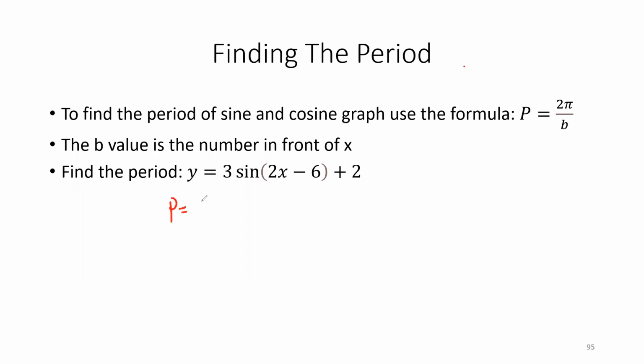The period is 2 pi over b, and the b value is the number in front of x, which in our case is 2. So it'd be 2 pi over 2, which is pi. So the period is pi. Okay, let's move on.